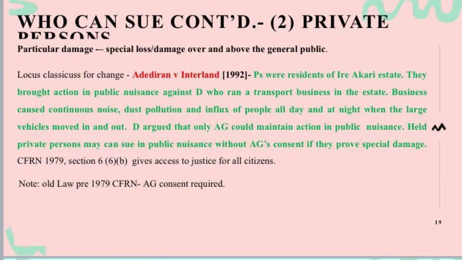But by the time the case of Adediran and Interland was decided in 1992, the court decided that you do not actually need the consent of the Attorney General, because the Constitution gives everyone the right of access to the courts under Section 6(6)(b) of the 1979 Constitution. By virtue of the decision in Adediran and Interland, private persons can bring a cause of action if they can show locus standi.